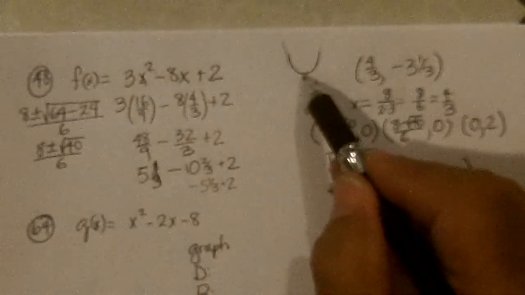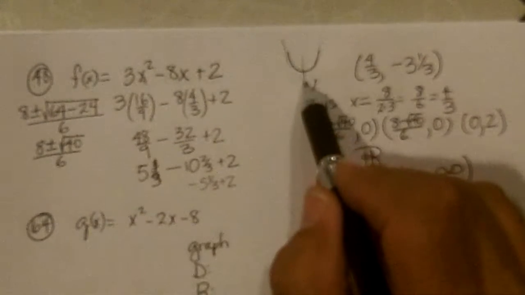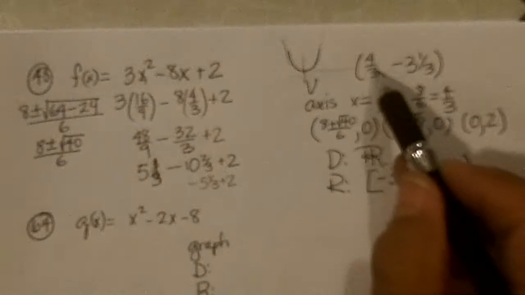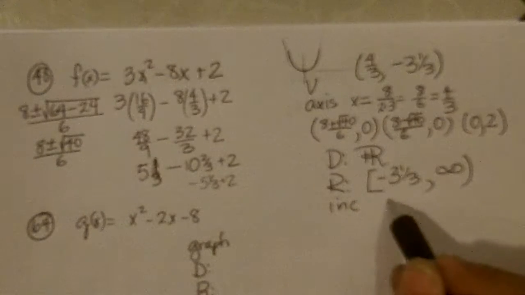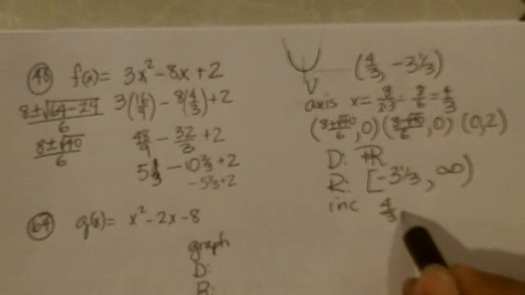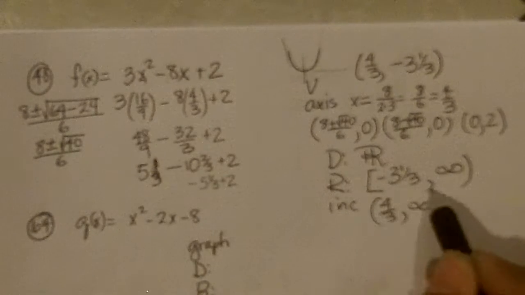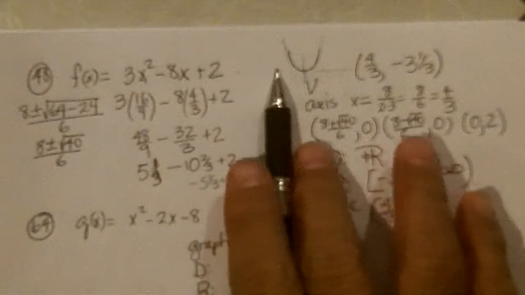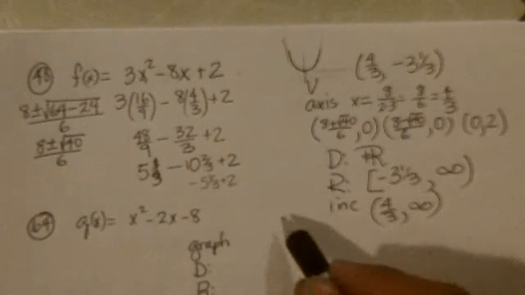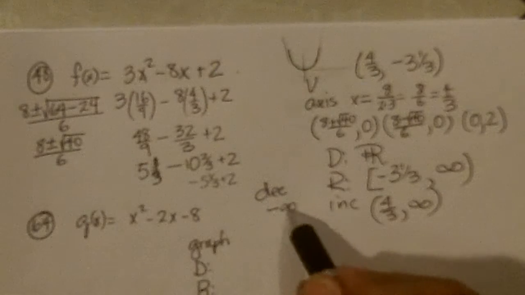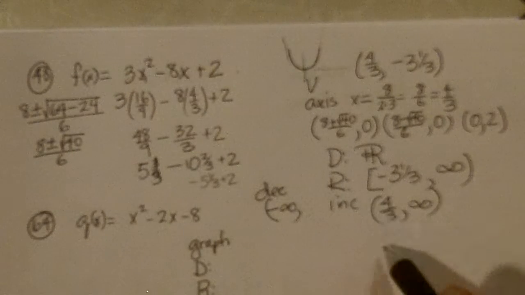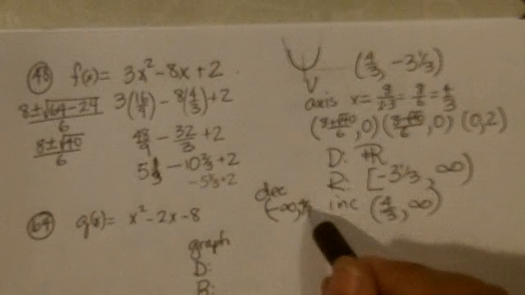And it would be increasing from the axis of symmetry this way, which is increasing on the interval 4/3 to infinity, and decreasing from negative infinity till we get to 4/3.